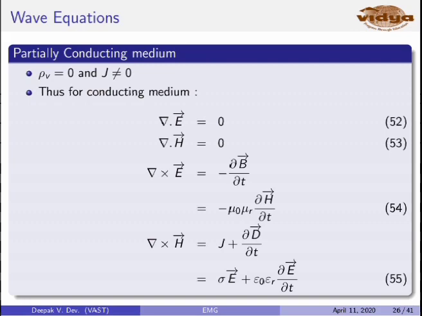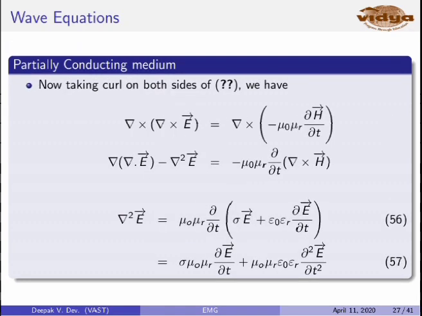Now let us take the curl on both sides of equation 54. This is the same step that we used in the previous derivations. Taking the curl on both sides, we get curl of curl of E is equal to curl of minus mu 0 mu R dou H by dou t.